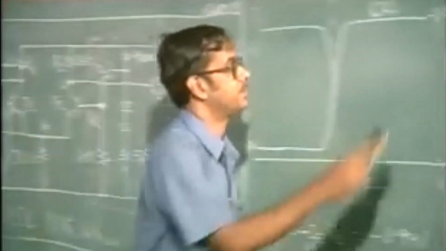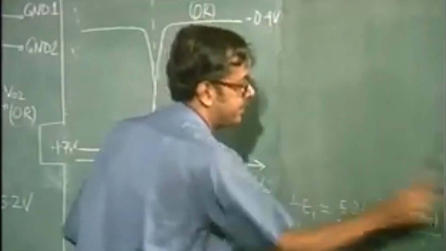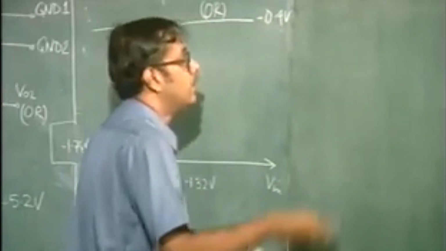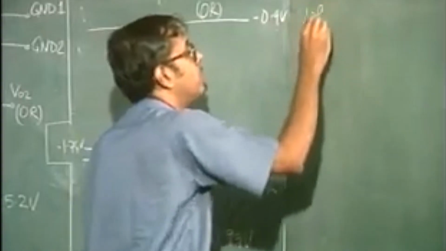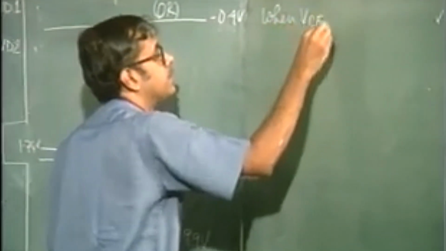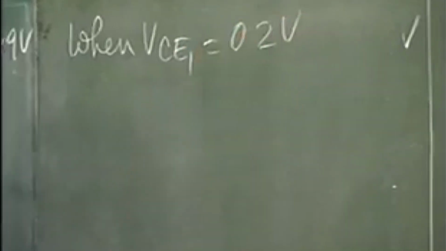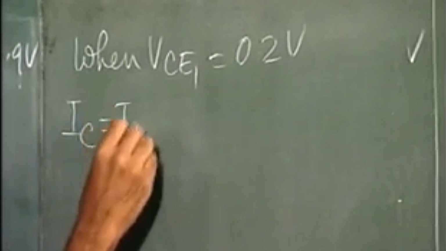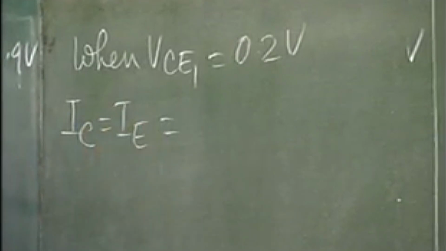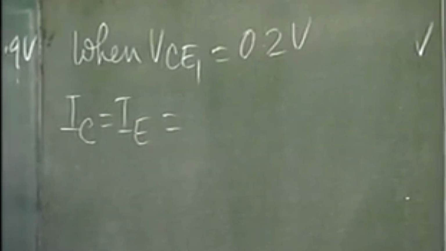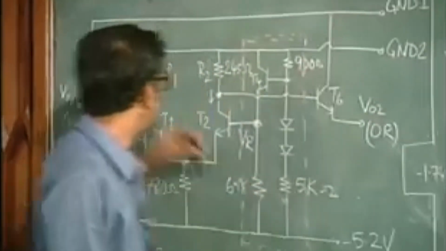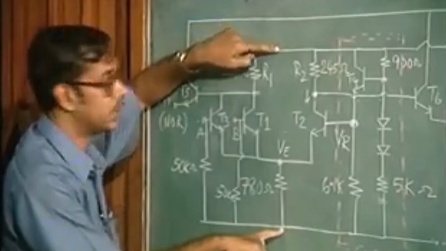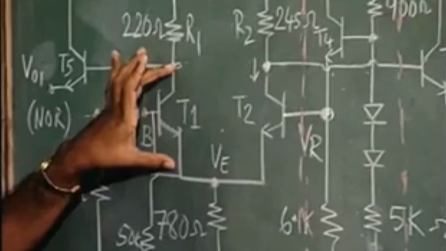Okay. So, what is the value of the input voltage when this transistor goes to saturation? Can we find that out? Say when VCE is equal to 0.2 volts, IC is equal to IE. What is the value? The total voltage across the power supply is 5.2 volts. 0.2 volts is dropped across the transistor.